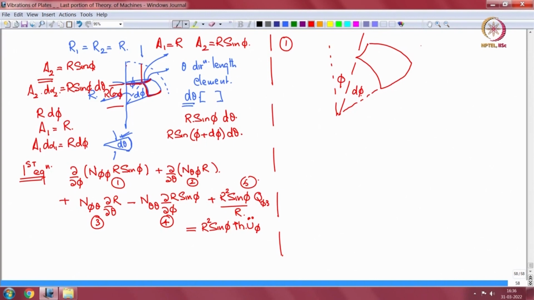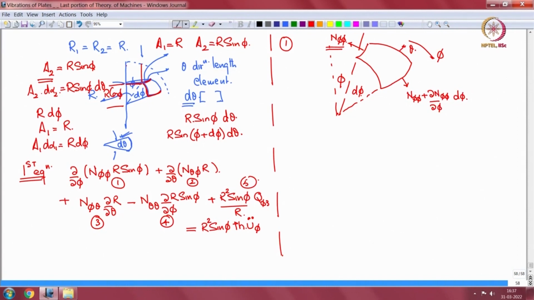This is the phi direction, this is the theta direction. Now I have n phi phi, a force resultant, and n phi phi plus del n phi phi by del phi d phi is also a force resultant.